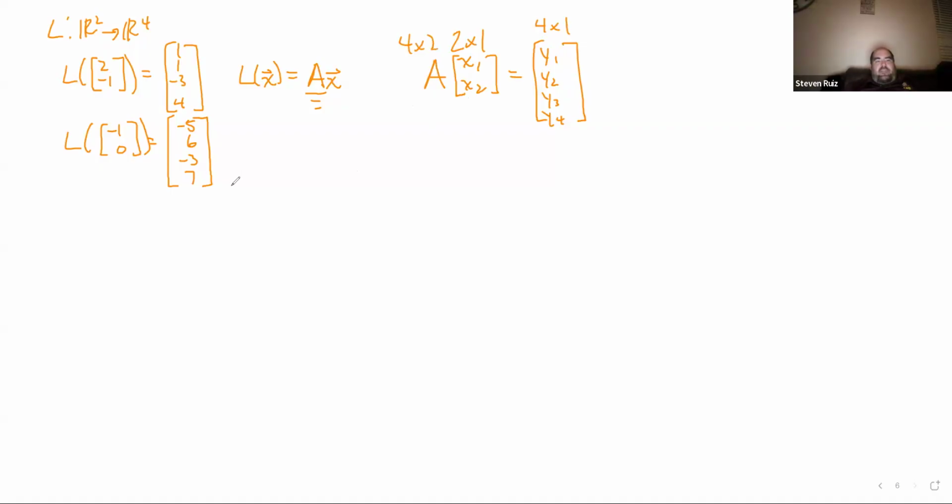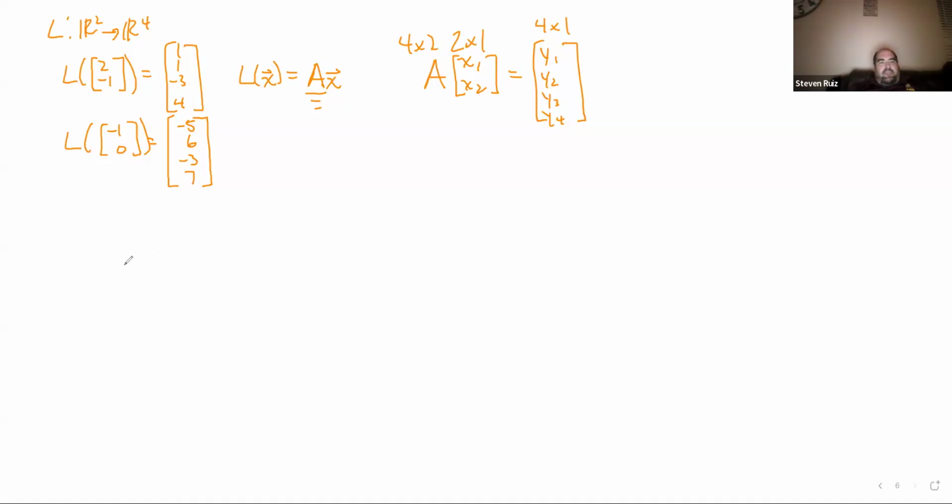So how can we figure out what it looks like? One thing we talked about last time I saw you in class was the idea of what basis we are going from and what basis we are going toward.